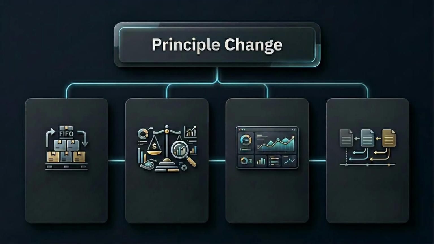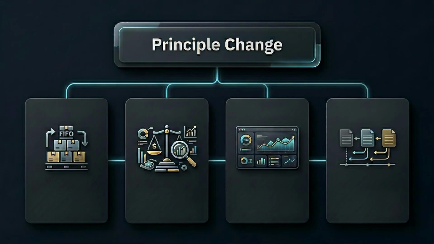A change in accounting principle means one acceptable GAAP method replaces another acceptable GAAP method. This is not about correcting an unacceptable method. If the old method was wrong under GAAP, that is an error correction, not a voluntary principle change. For a principle change, the company must normally show that the new method is preferable because it improves financial reporting.